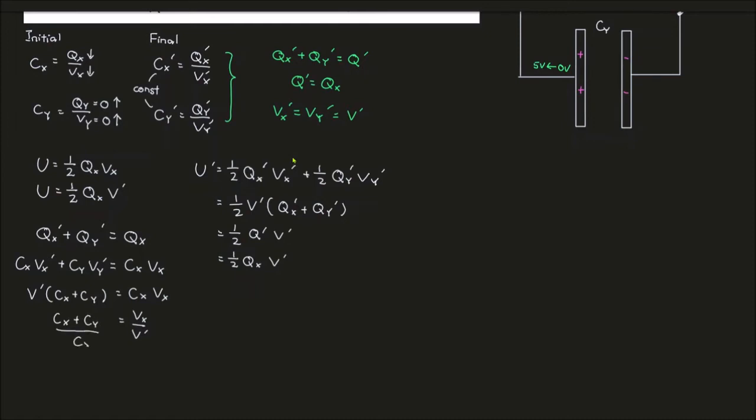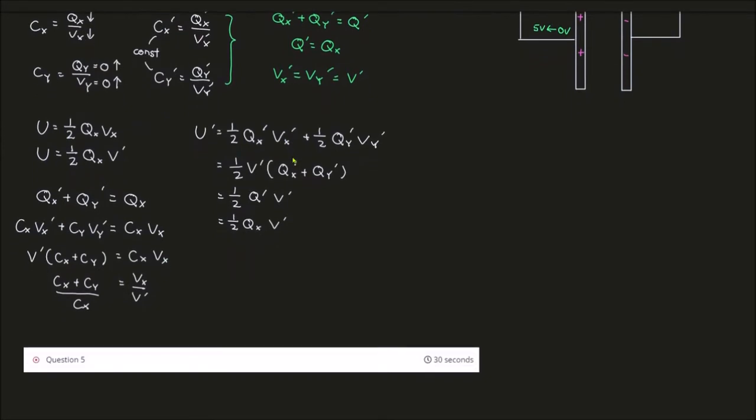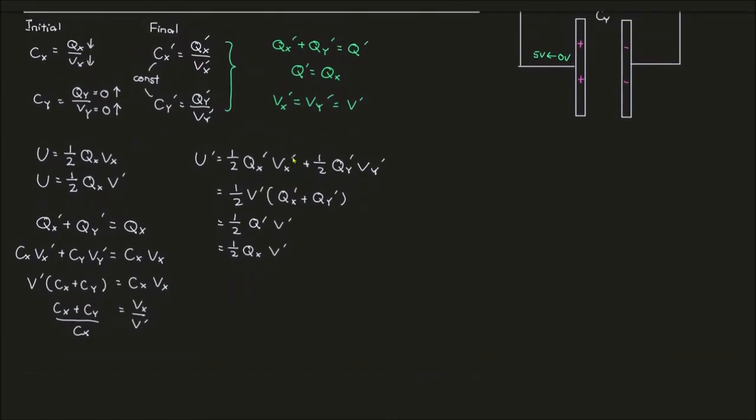divided by Cx. Okay, so here is where it's going to start to be interesting. We know that Cx plus Cy divided by Cx is equivalent to 1 plus Cy divided by Cx. So we know Cy is a positive number, Cx is also a positive number, so Cy over Cx must be a positive number.